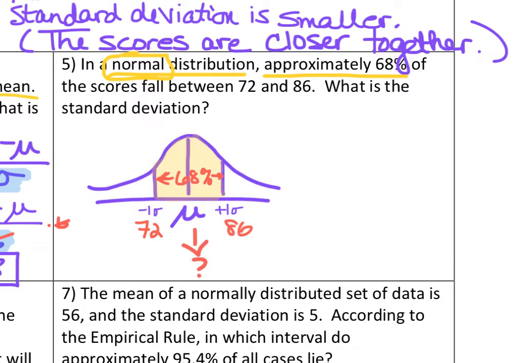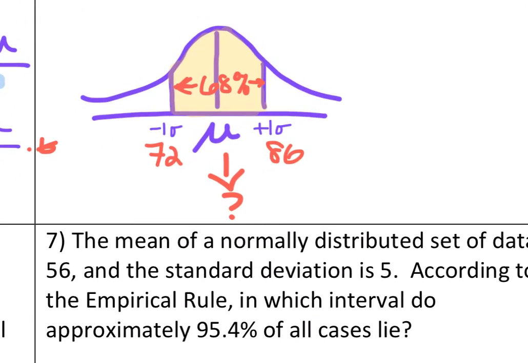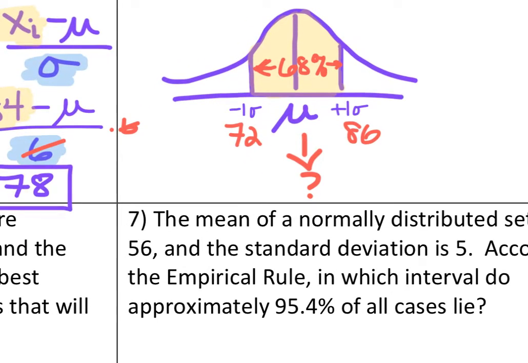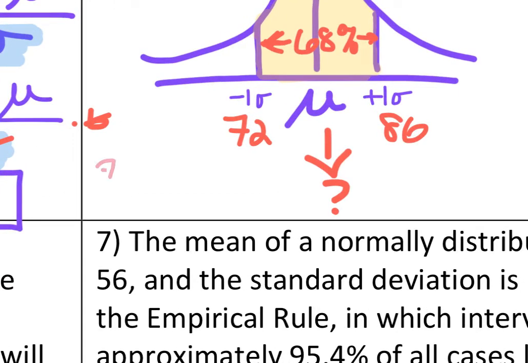And so the first thing that will help me is if I compute the mean. Well, that's just the average between the 72 and the 86. So if I compute that and say, okay, well, 72 plus 86 divided by 2, I should get 79.